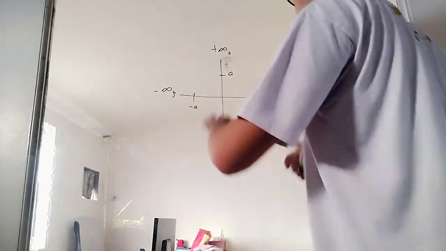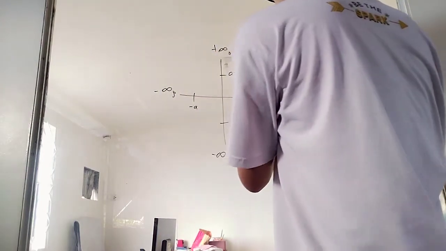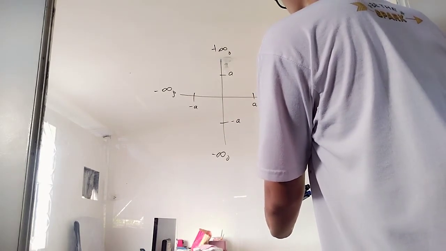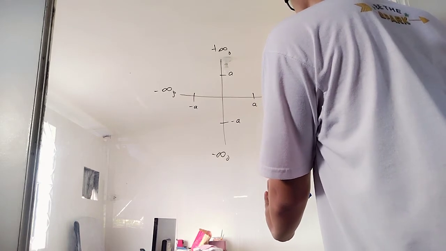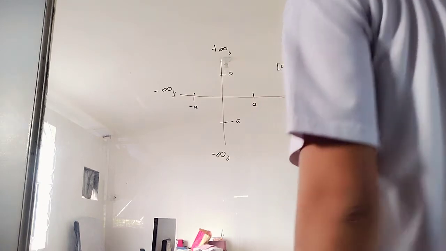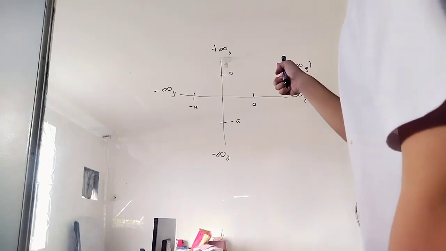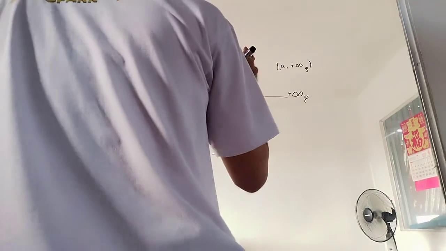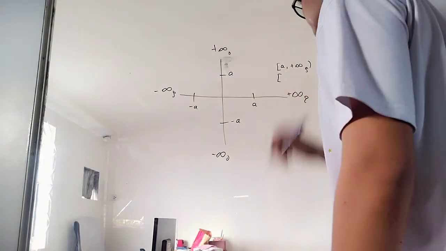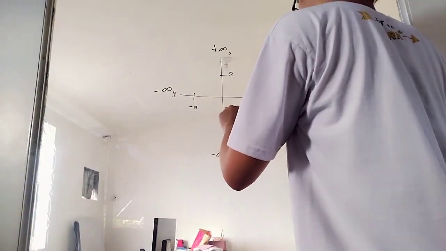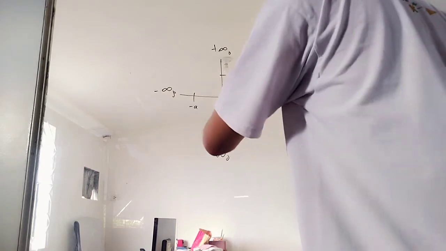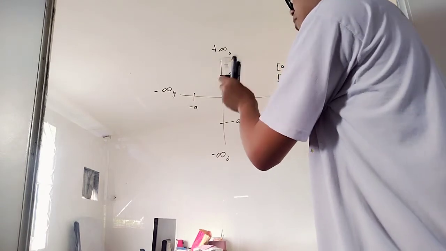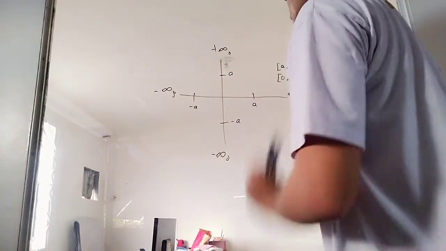And so from here we say that any vector that lies in this interval, which is A included to plus infinity not included, is an extremely dominant person, and before A, any vector that lies within this interval, 0 up to A, both included, for this closed interval, is a dominant but not very dominant person, so a minimally dominant person.